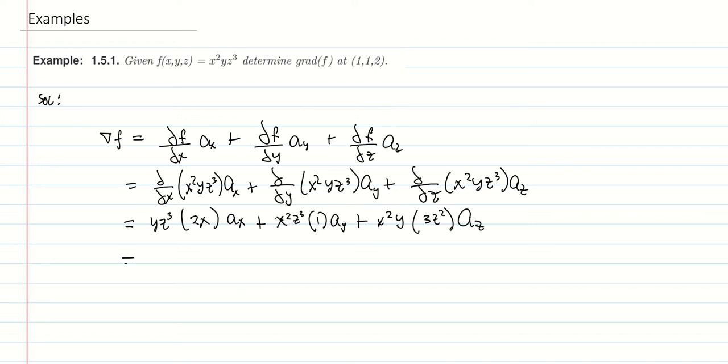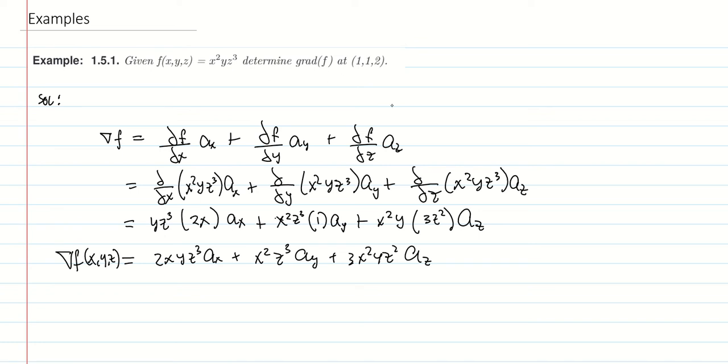So therefore, the gradient field will be equal to 2xyz cubed in the x direction, then we have x squared z cubed in the y direction, and 3x squared y z squared in the z direction. So this is del f in xyz.